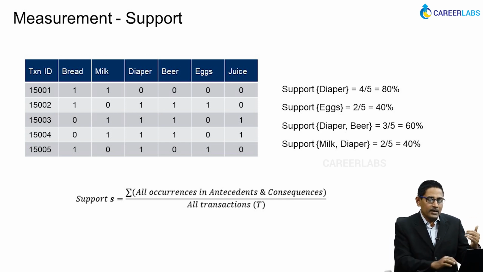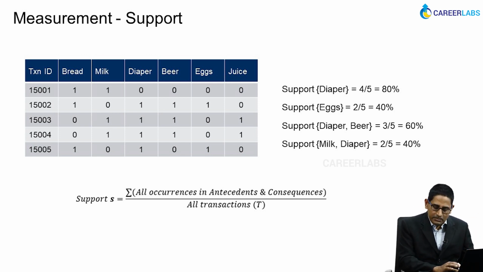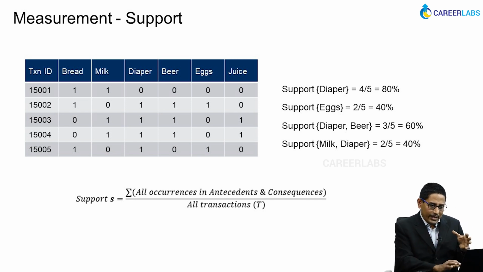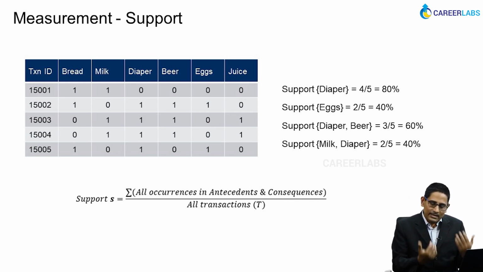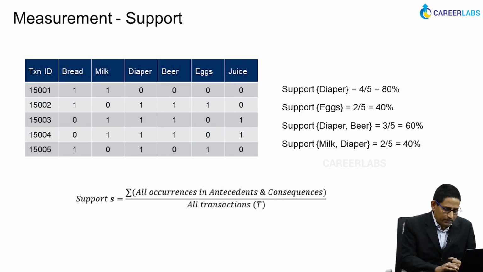So 4 by 5, support of diaper is 80%. Similarly, if we take another example of support of eggs, that's going to be 2 by 5, which is 40%, and so on. So support of both the items, for example, diaper and beer together is only 3 occurrences out of 5, which means 3 by 5, which is 60%. So that's how we compute the support parameter.